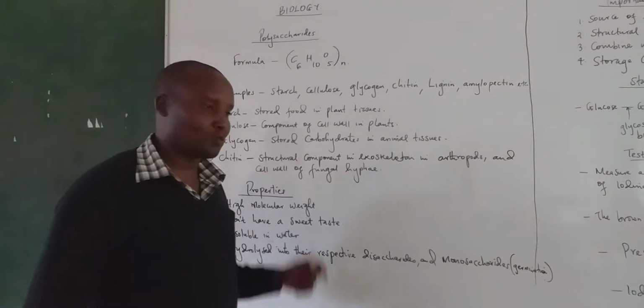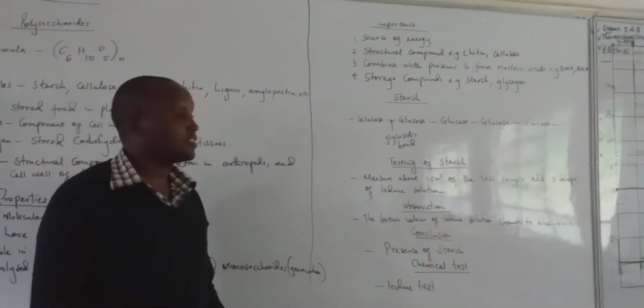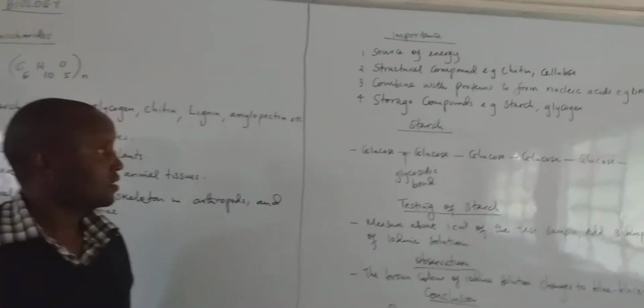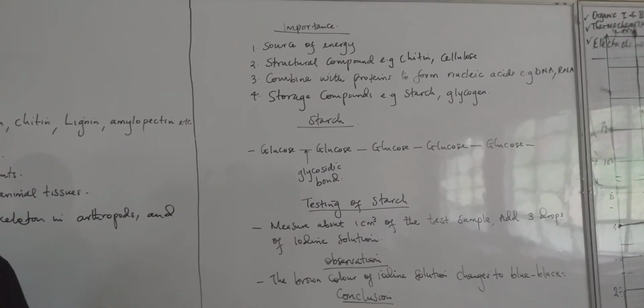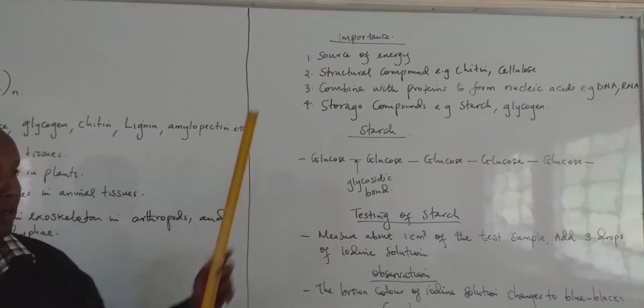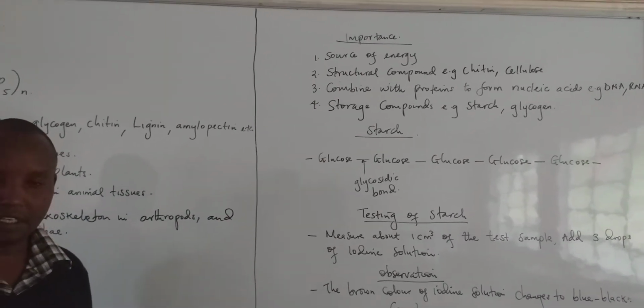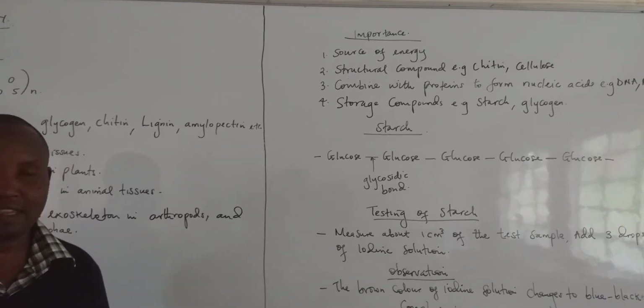Now, what is the importance of starch? One, it is a source of energy. It is oxidized to produce energy in plant or animal tissues. Two, they are structural compounds. For example, chitin forms part of the exoskeleton in insects or arthropods.